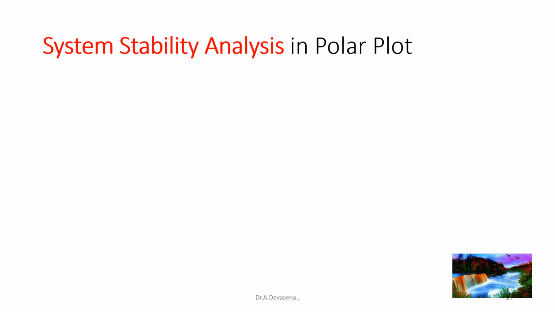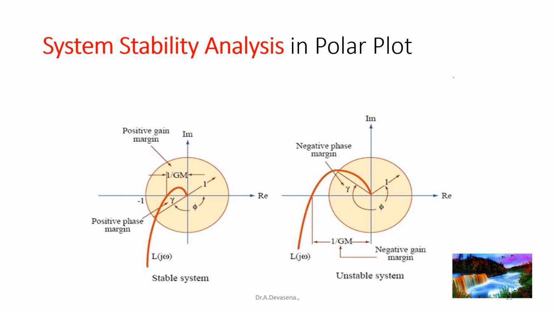Now we are going to analyze the system stability in polar plot. The representation of the polar plot for stable system and unstable system is given here. We have already calculated the gain margin as well as the phase margin. With the help of this gain margin and phase margin, the system stability can be analyzed.